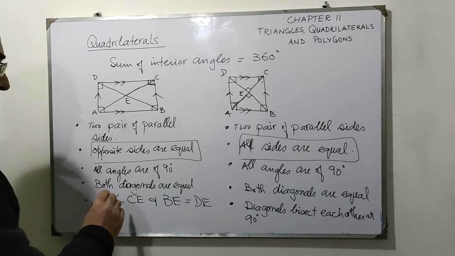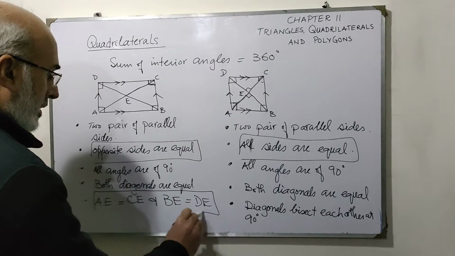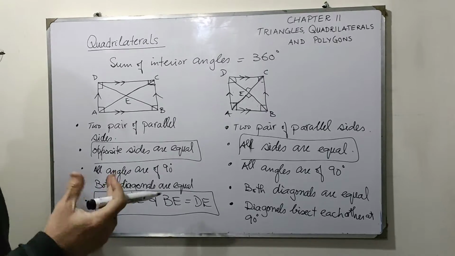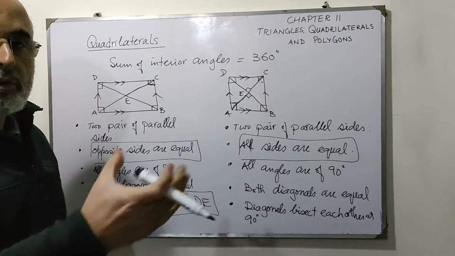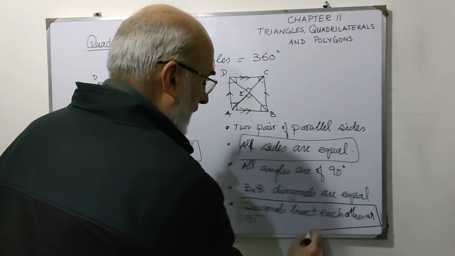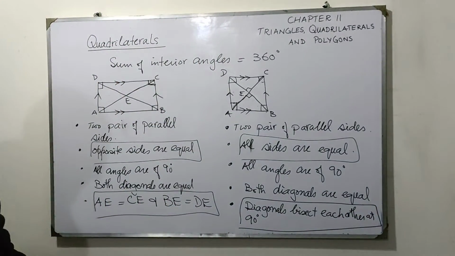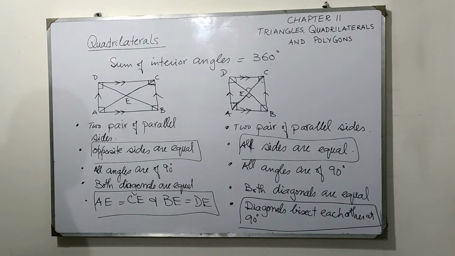In this case, half of the diagonal is equal to half of the other diagonal, and in this case the diagonals bisect each other at 90 degrees. This is important, and this is the difference between the properties both the quadrilaterals have.